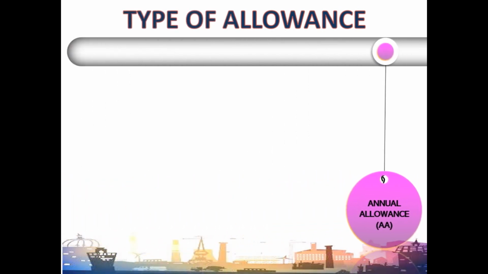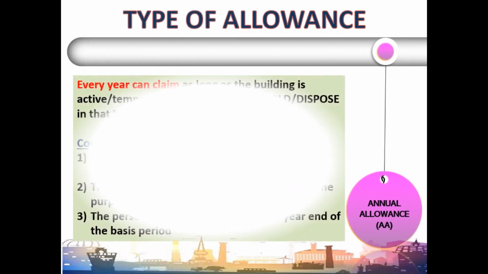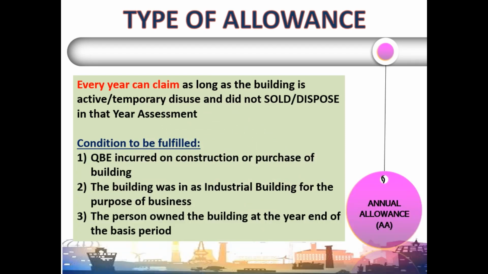So what about annual allowance, AA? Annual allowance can be claimed by the company every year as long as the building is active or temporarily disused and was not sold or disposed of in that year of assessment. The conditions to be fulfilled: number 1, QBE incurred on construction or purchase of the building.